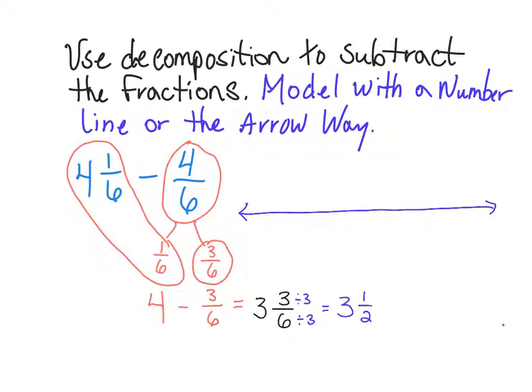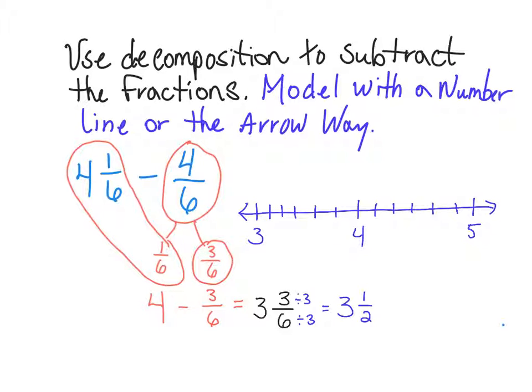Well, we can start with 3, then we go to 4, and we can go to 5. In between those intervals, we're splitting up into sixths, because that's what our denominator says. So I'm going to put 1, 2, 3, 4, 5, and again 1, 2, 3, 4, 5.